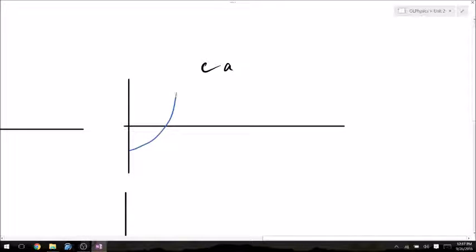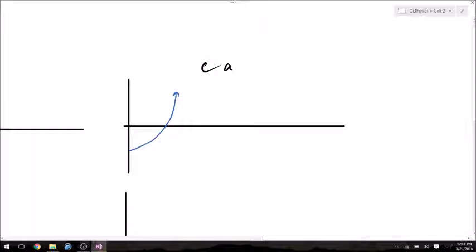If we look down here and take the tangent line at this point, it's not too steep, but if we took a tangent line right here, it's much steeper. And so if you see a curve like this, that is a positive constant acceleration.